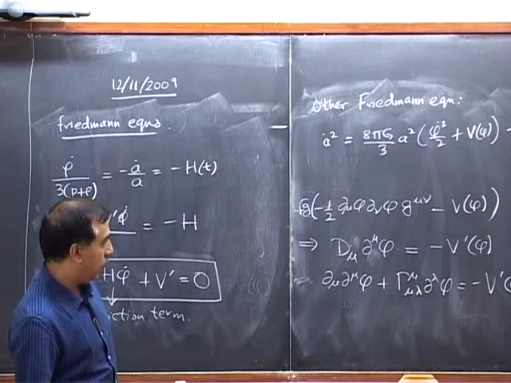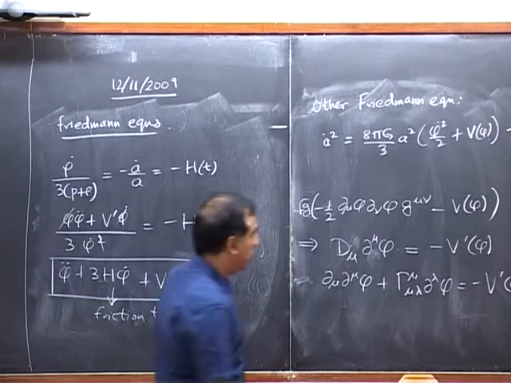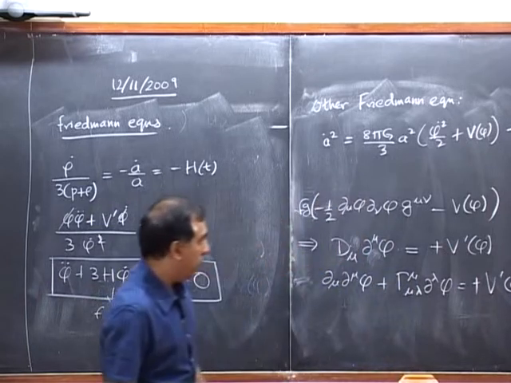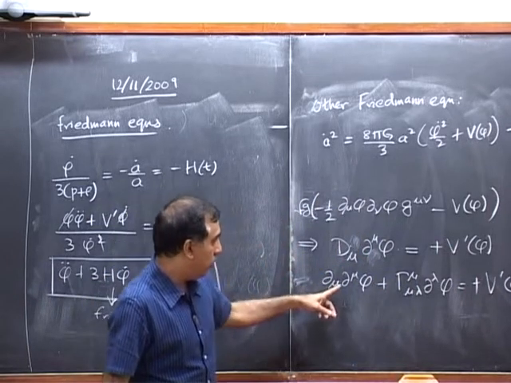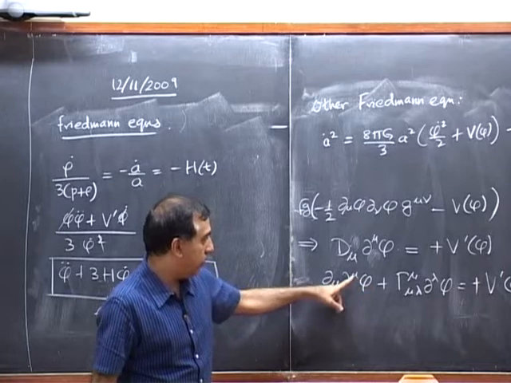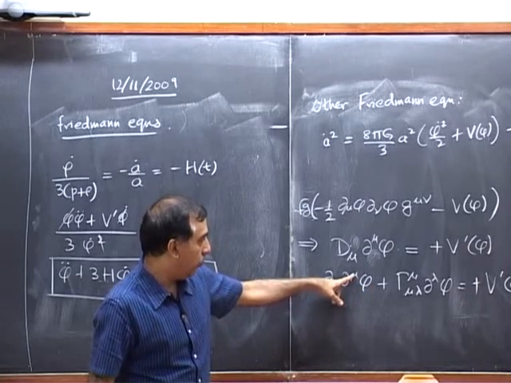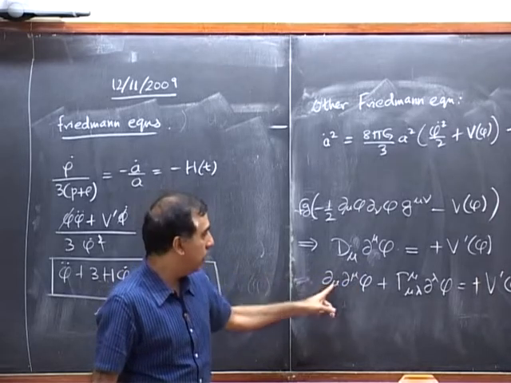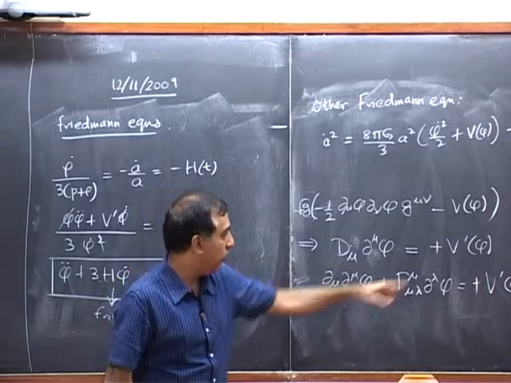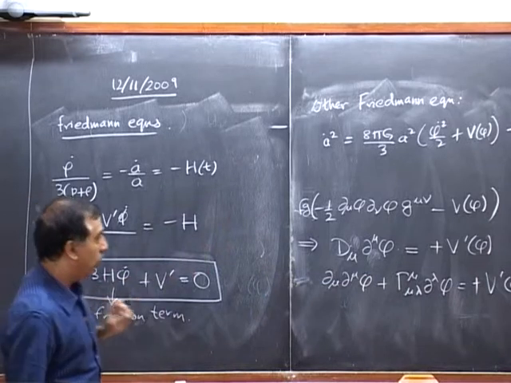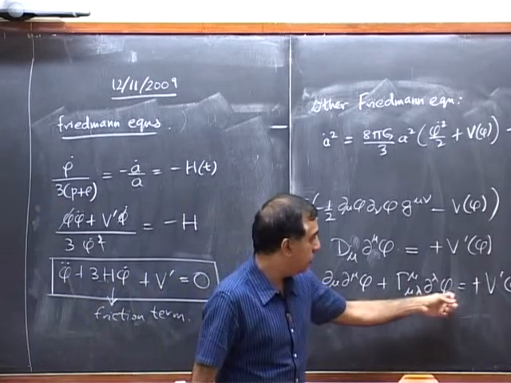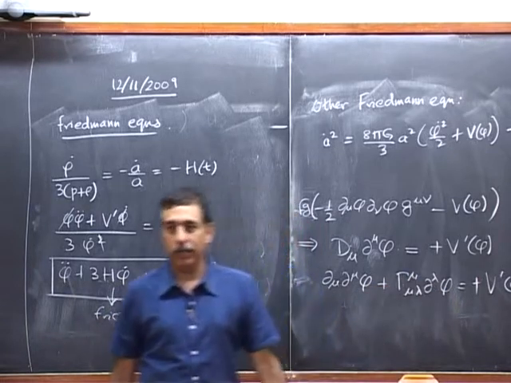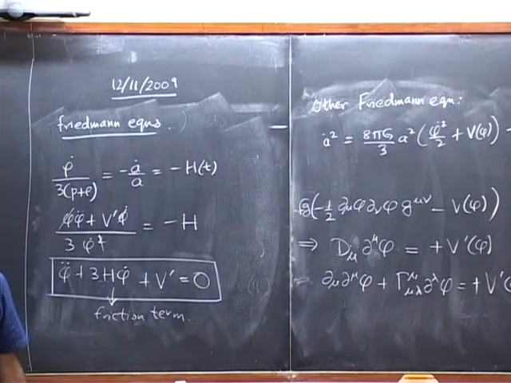Now, I think I've already bungled the sign, so let's assume this is plus. Now, if I take this to be only dependent on time and the metric to be in co-moving coordinates, then I can lower the del 0 at the cost of a minus, take it to the other side, and I've got phi double dot plus V prime. And now I'm prepared to bet anything you like that this term will turn into a dot upon a times phi dot with 3. So the frictional term comes from this.